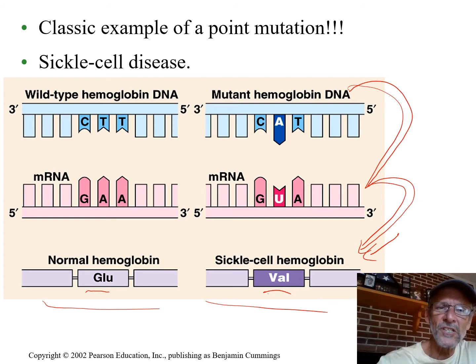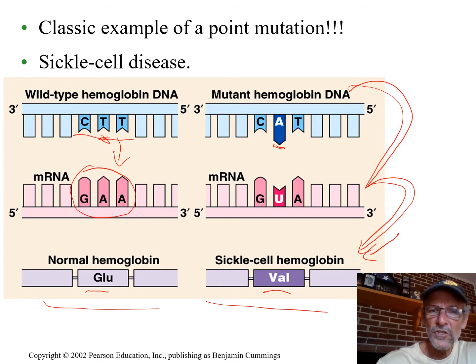It got changed by a copying error way back in history from a T to an A in a certain part. That resulted in a GAA codon, the result of transcription using that as a template, changing to a GUA, which says put valine here instead of what GAA says, put glutamine here.